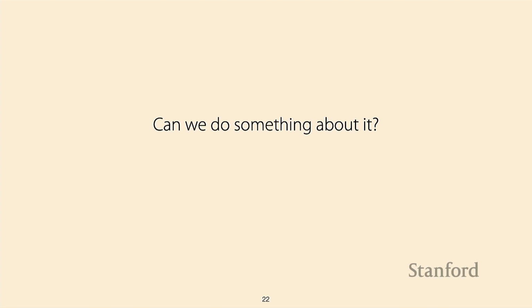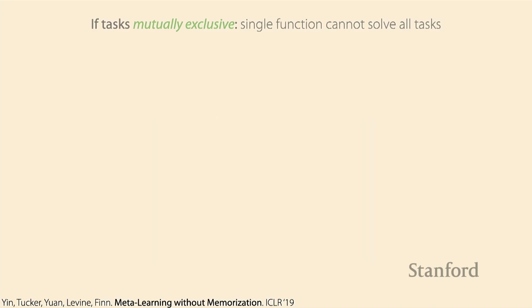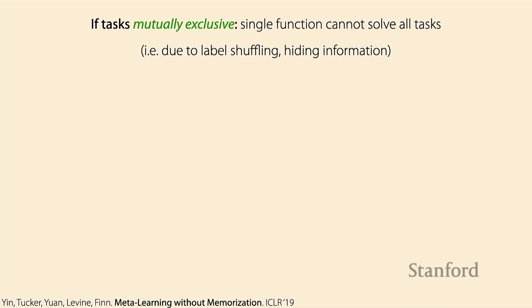Now there's the question of whether we can actually do something about this. To think about that, let's try to formalize the problem a little bit more. We saw that if the tasks are mutually exclusive, then a single function cannot solve all of the tasks. This could be due to label shuffling, or due to hiding information.